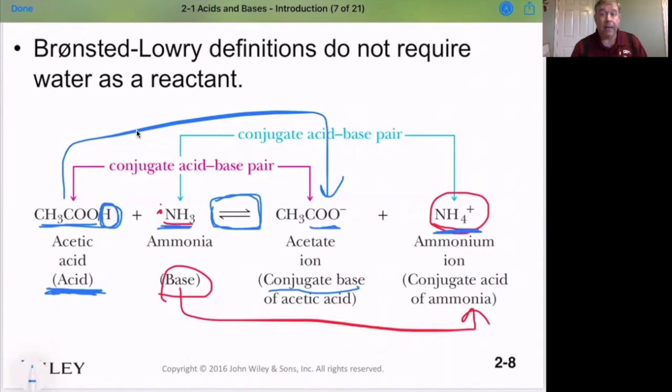It is now the acid because it can donate the proton back to become the base, okay? So that's why we have conjugate acid-base pairs, and that's why we typically have some form of equilibrium associated with where we can go back and forth, back and forth, back and forth, okay?